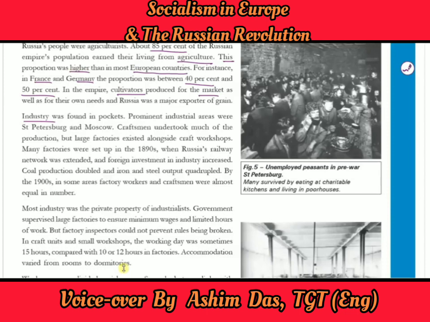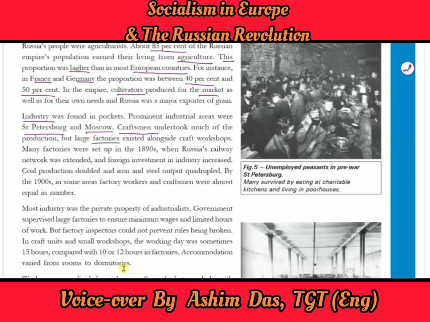Craftsmen undertook much of the production, but large factories existed alongside the craft workshops. So many people undertook the production, many large factories were there, and along with that some small craft workshops were also existing in the empire.